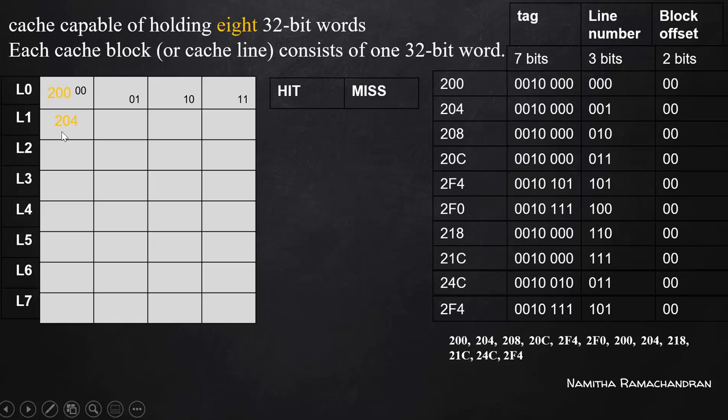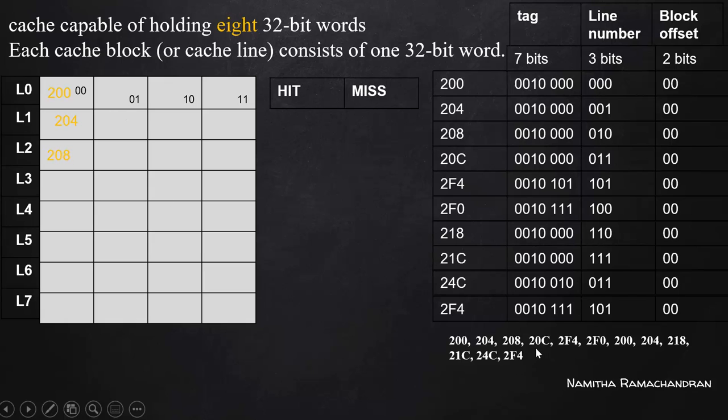The 0th byte position. Okay, next 208. For 208, we need to transfer the word containing that byte into line number 2. 010 is the binary equivalent of decimal 2. So transfer that word into line number 2.